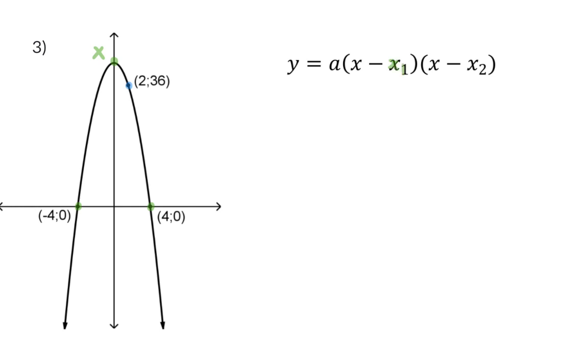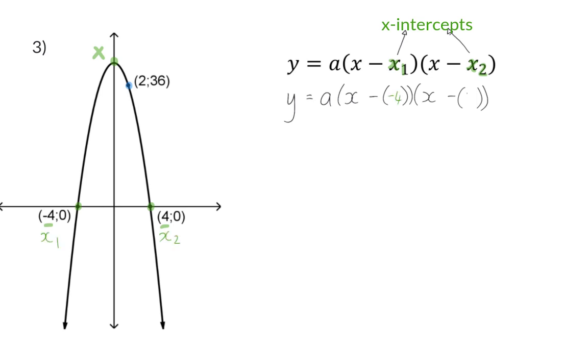In this equation, x1 and x2 represent the x-intercepts of the parabola. So my first step would be to substitute these two x values into x1 and x2. Take note that there's already a minus in the equation. Therefore, the first bracket becomes x plus 4, and my second bracket is x minus 4.